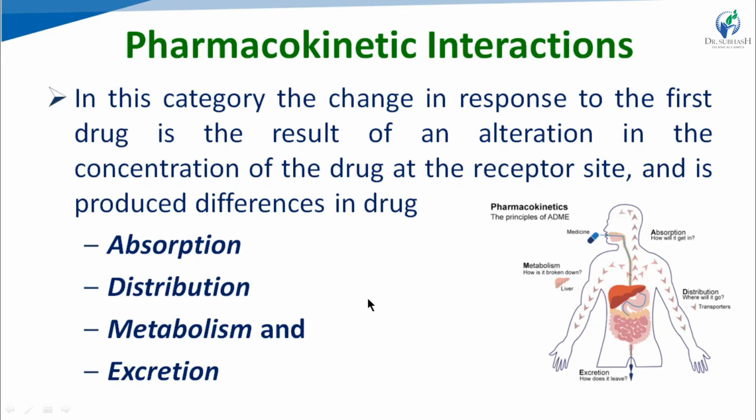That means if we have prescribed one medication to a particular patient, then that will be altered due to the concentration of another drug at the receptor site, and due to this it will produce a difference in absorption, metabolism, distribution and excretion. So this is the pharmacokinetic interaction.